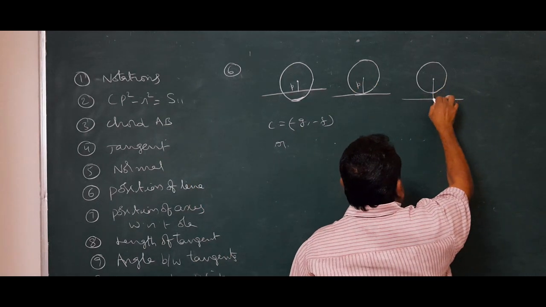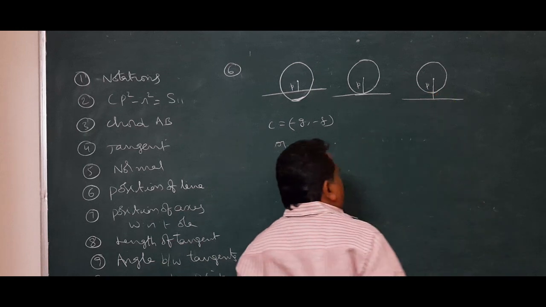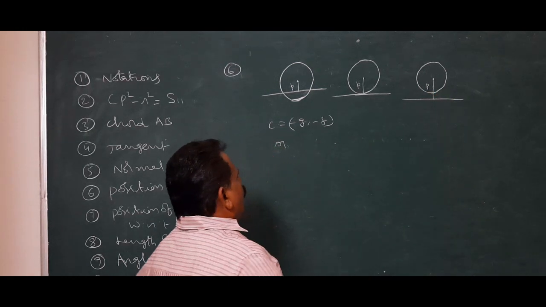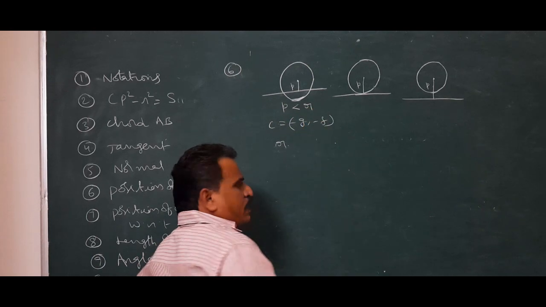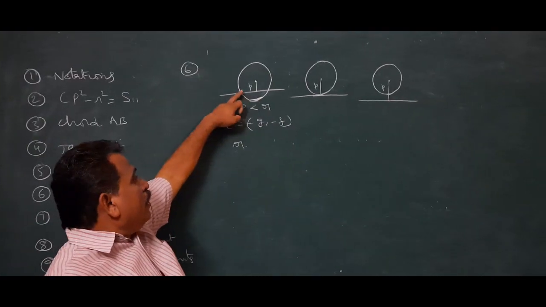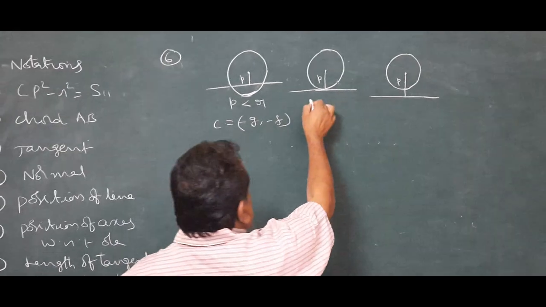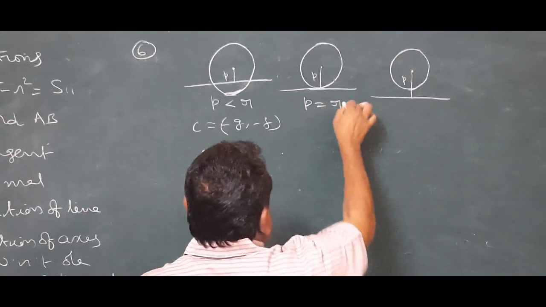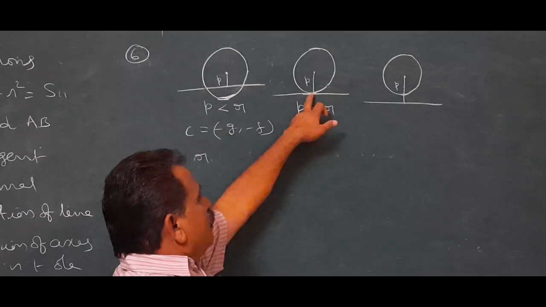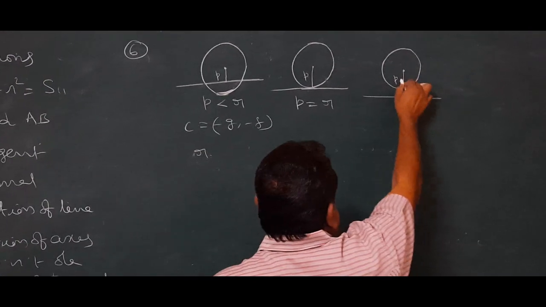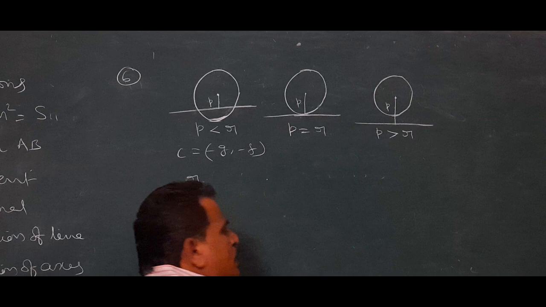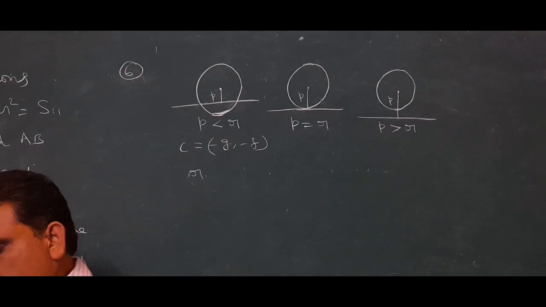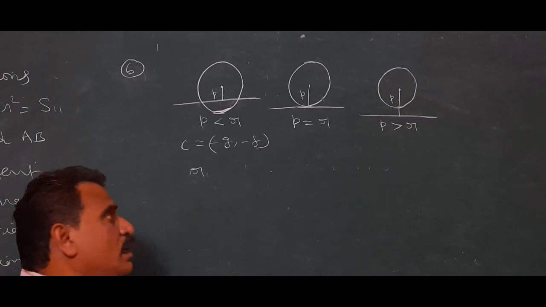If the perpendicular distance p is less than the radius r, then the line cuts the circle. If the perpendicular distance equals r, the line touches the circle. If the perpendicular distance is greater than r, the line is outside the circle. That is one method. There is another method.